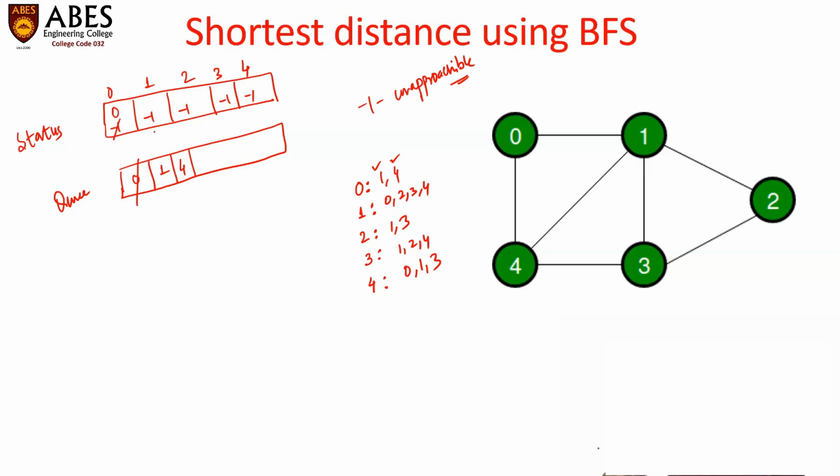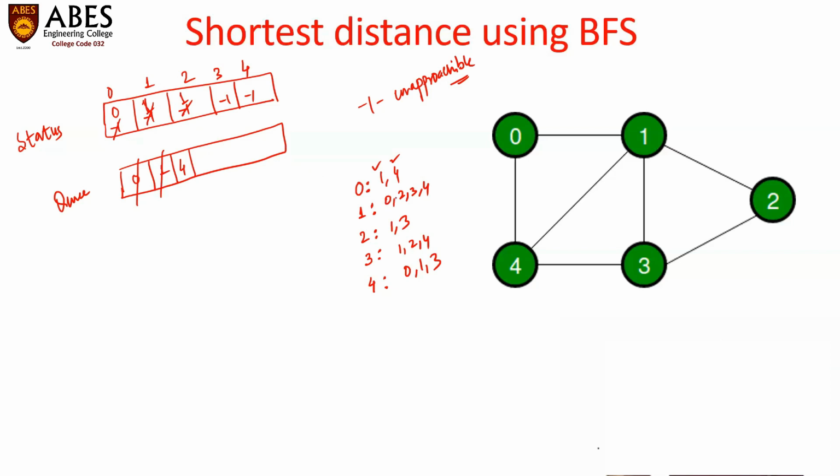Their distances will be set as 1 more than 0, since 1 and 4 have been explored from 0. So the distance of 1 is set as 1, and the distance of 4 is also set as 1. 0 plus 1 is 1. Then we're going to delete this 1.